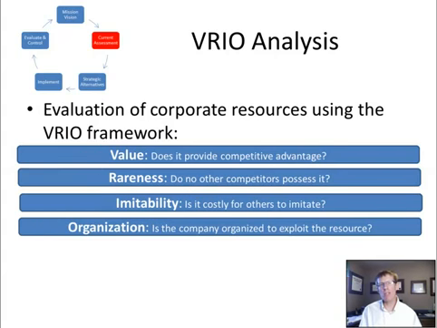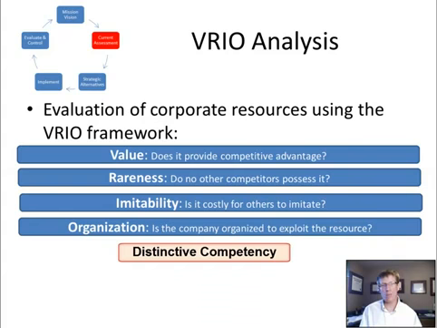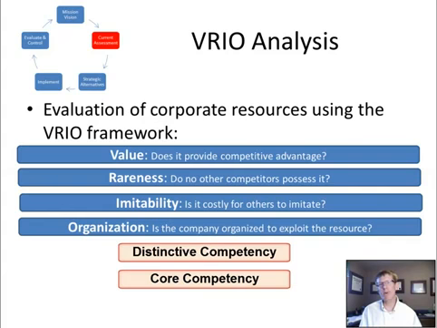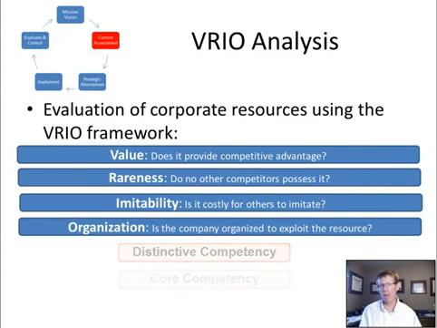If the answers to each of these VRIO questions is yes, then that resource is considered to be a strength, and sometimes it's called a distinctive competence. Distinctive competencies are those competencies that a company possesses that are superior to its competitors, whereas a core competency, a similar concept, is used to signify those things that a company does exceedingly well.